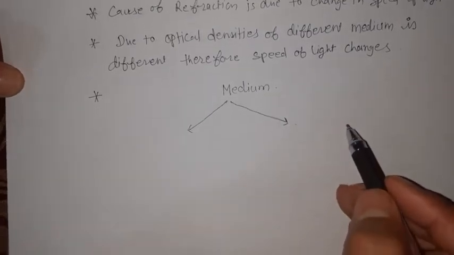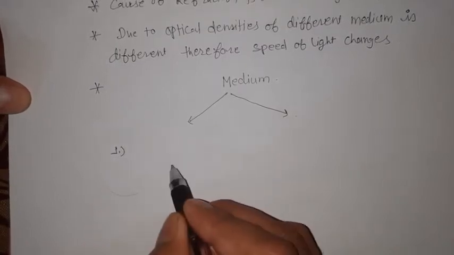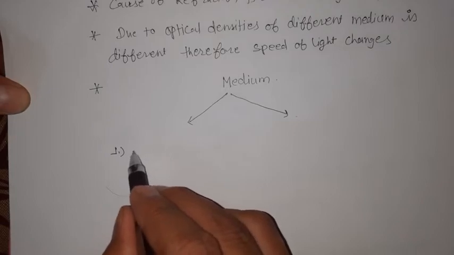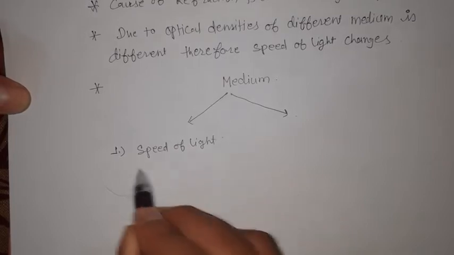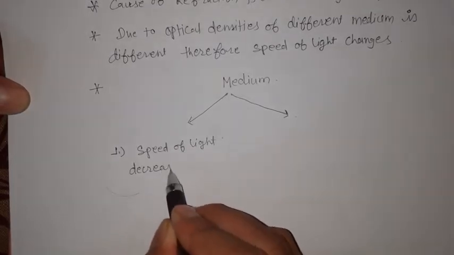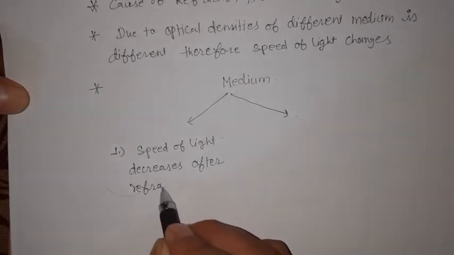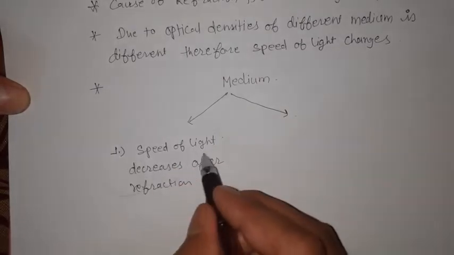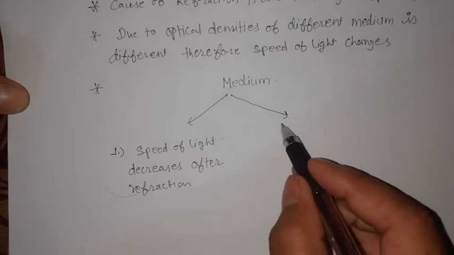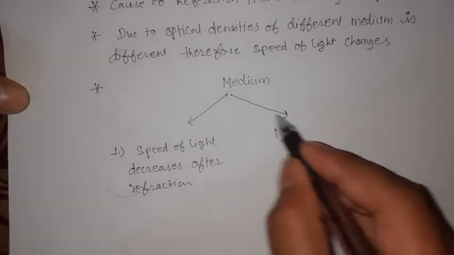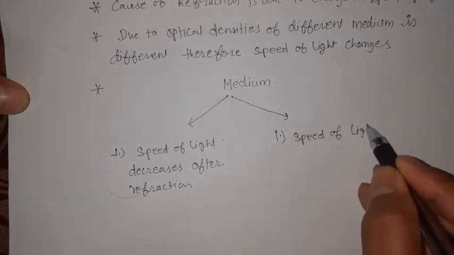The first type of medium is one in which the speed of light decreases after refraction, and there is another type of medium in which the speed of light increases after refraction.